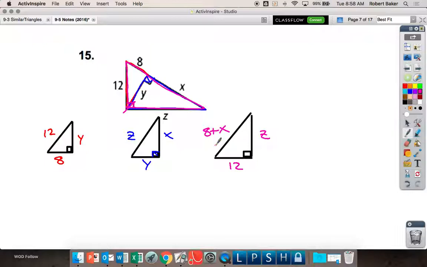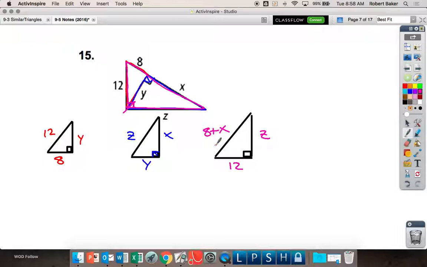Okay, now what? Is there something you can solve for? You can solve for X. You have 3 variables, and you have to set something up for each one.